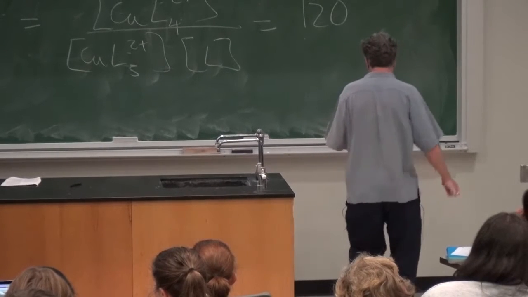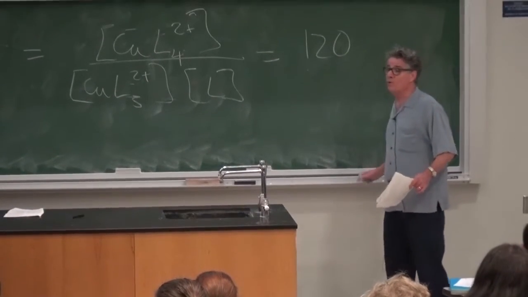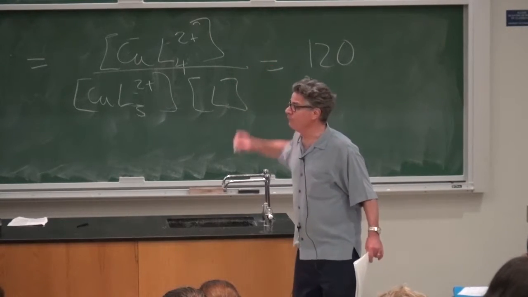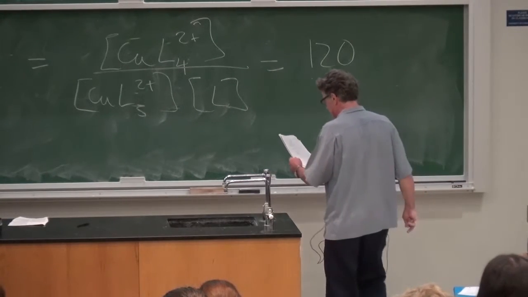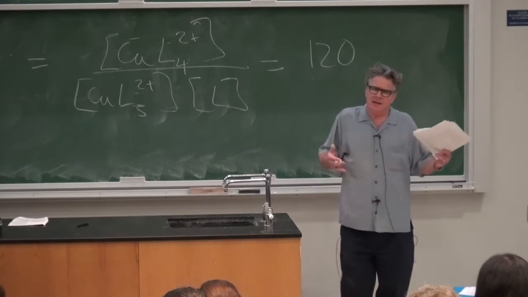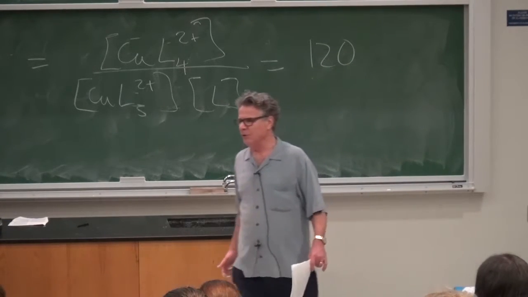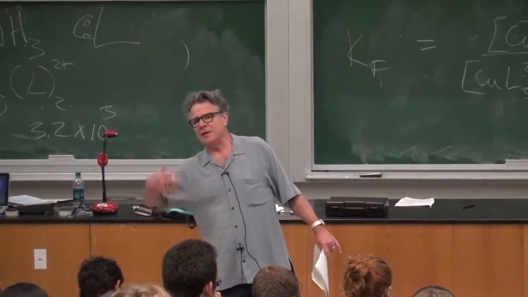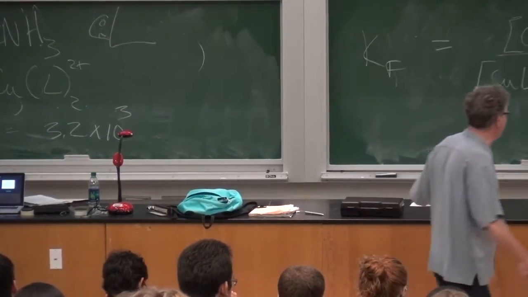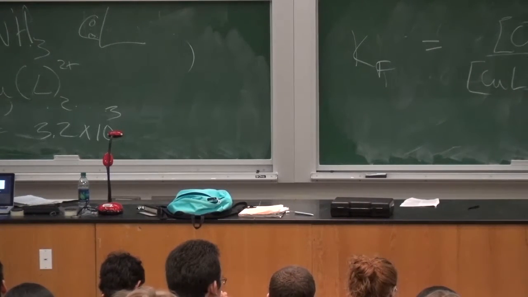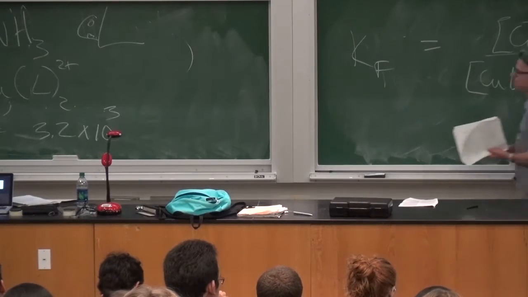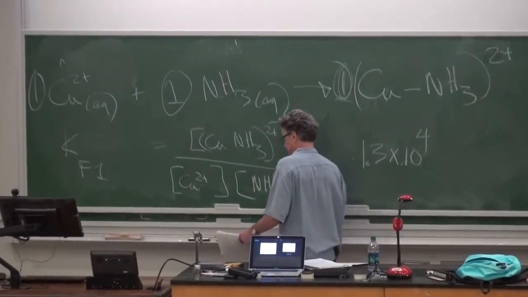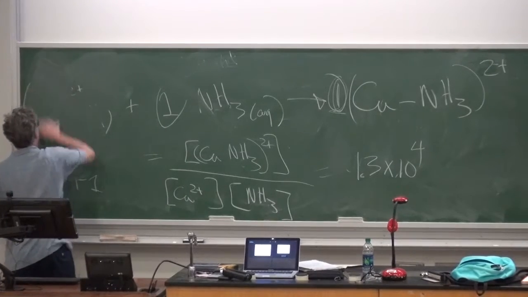Now, we can, if we want, think about the so-called stepwise formation constants, but perhaps the simplest thing to do is to add excess ligand. If you add a big excess of ligand, the ammonia, then you can think of an overall reaction. We can treat it as an overall process.